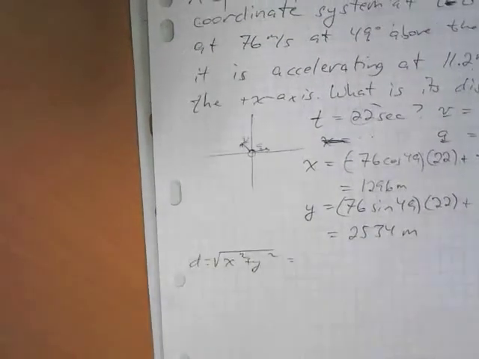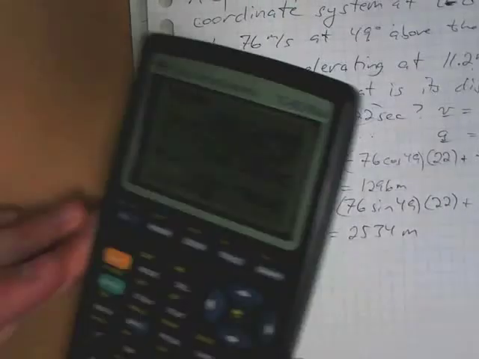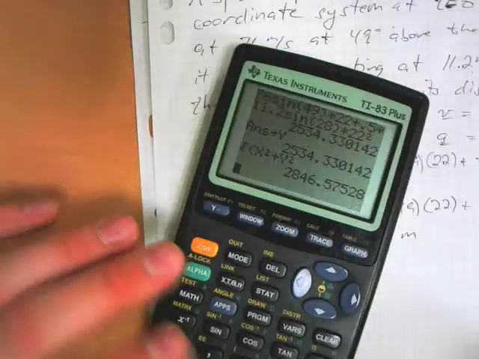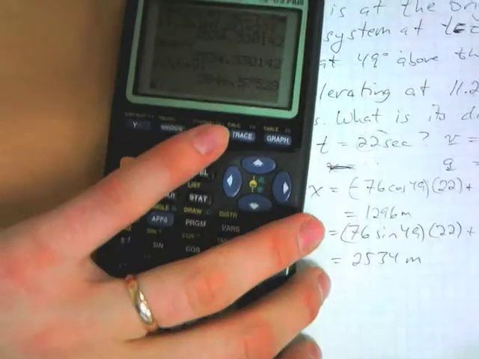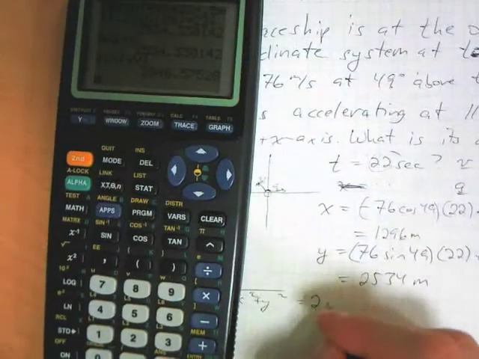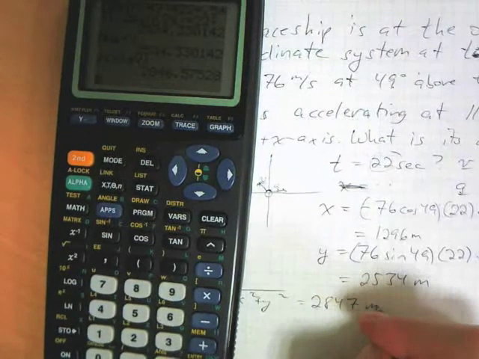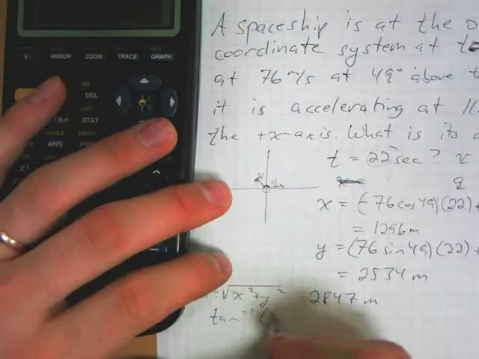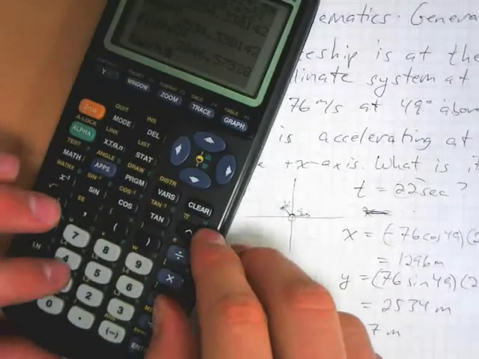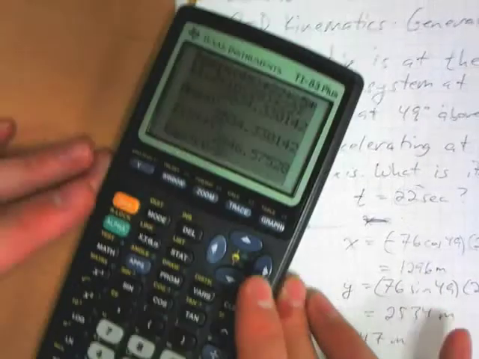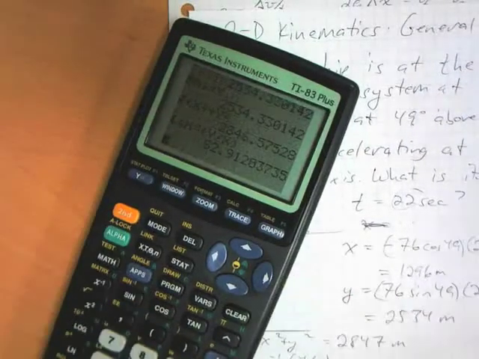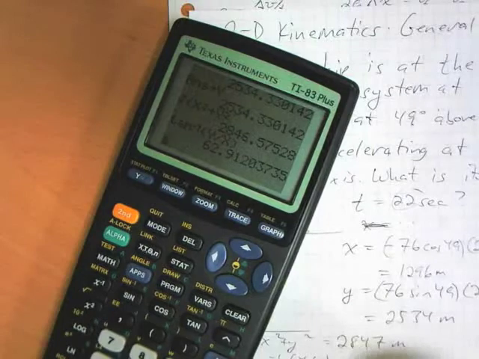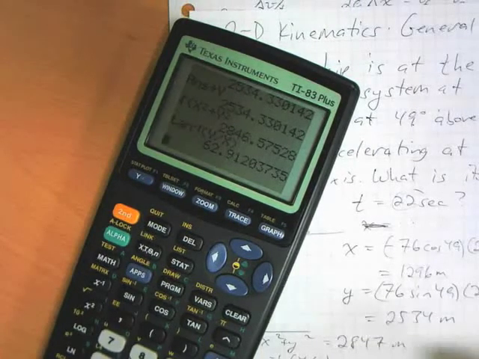Square root x squared plus y squared, and we get 2846.5, so call that 2847 meters. And our angle, arctan of y over x, gives us 62.9 degrees.